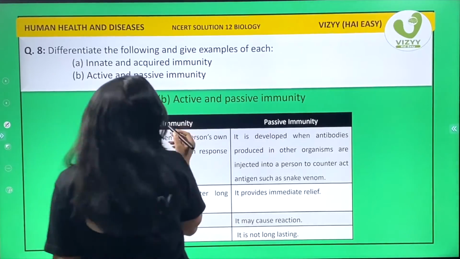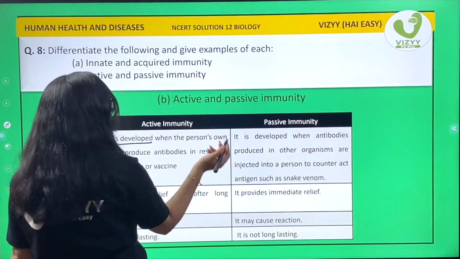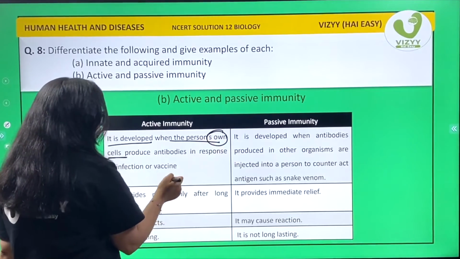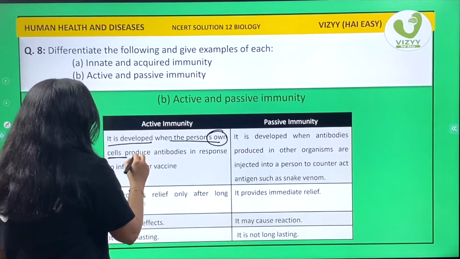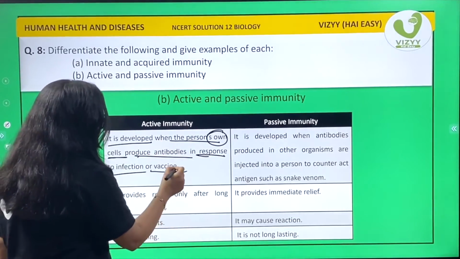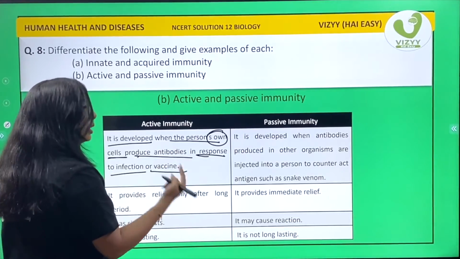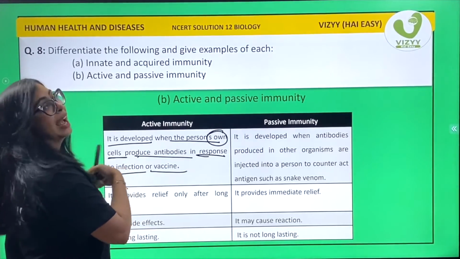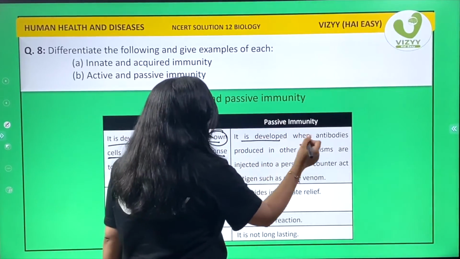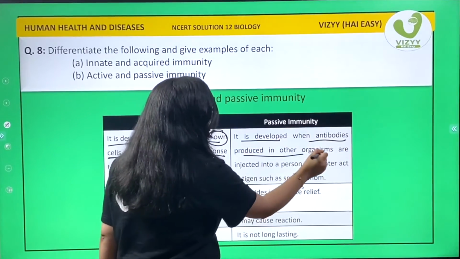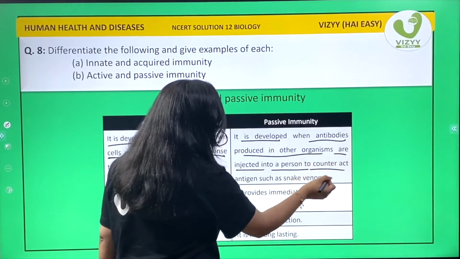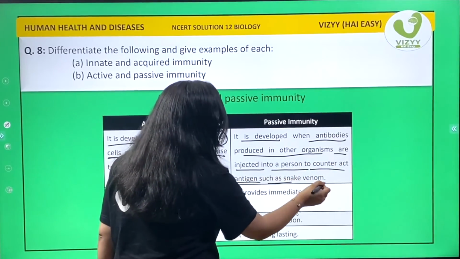In active immunity, we are supposed to write it is developed when a person's own cells, this is important, remember, produce antibodies in response to infection and vaccine. So when we get vaccinated, we will develop our own antibodies. Whereas passive immunity is developed when antibodies produced in other organisms are injected in a person to counteract antigen such as snake venom.